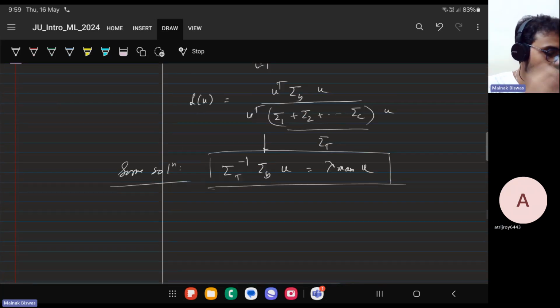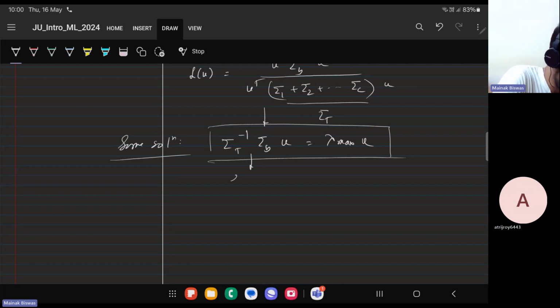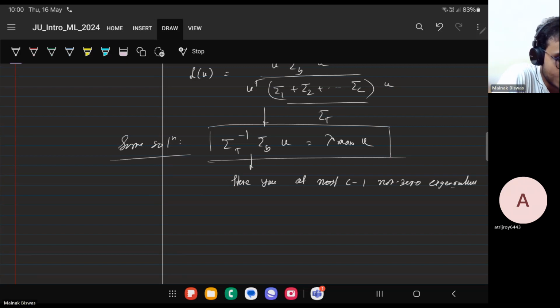Now I tell you, in here you have C minus 1 eigenvector solutions, at most C minus 1 non-zero eigenvalues. Can you tell me why? You can tell me from this idea.